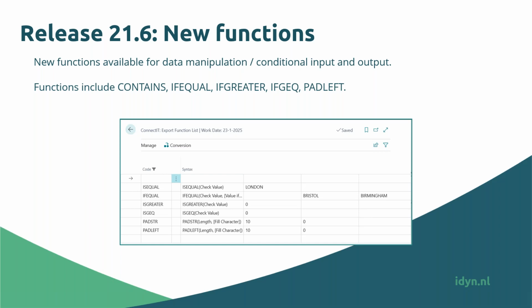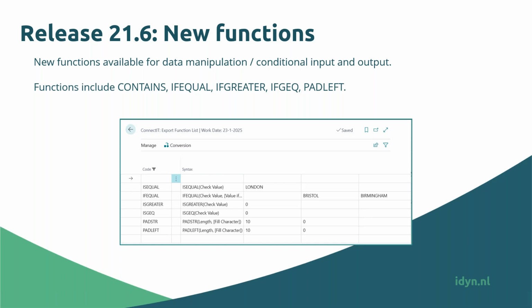Especially last year, we saw a lot of conditional input and output required, and in some cases that resulted in a list of functions being used for a single field, simply to make sure we could process it, or to allow for multiple scenarios where the input or output needed to be different.